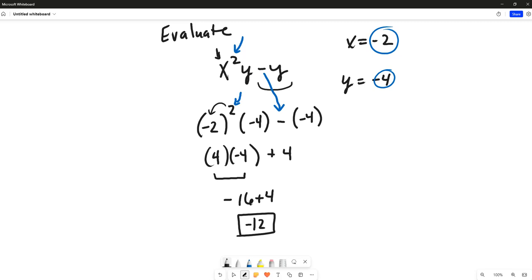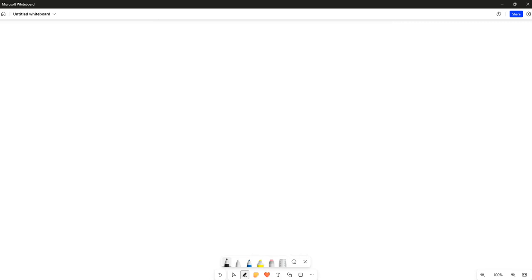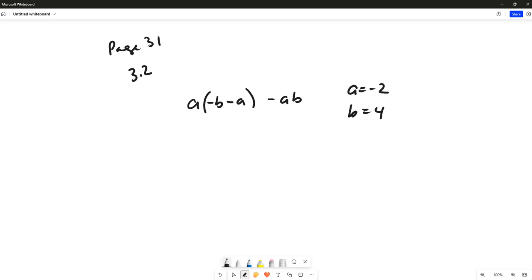All right, let's try another one. This is example 3.2. This is on the bottom of page 31. A times negative B minus A minus AB if A equals negative 2 and B equals 4. All right, putting my parentheses, I'm going to change these parentheses into brackets.